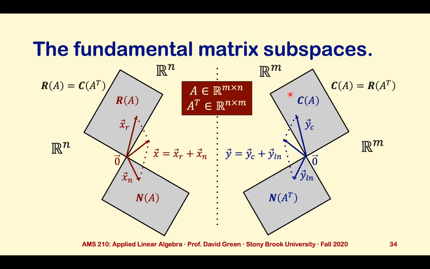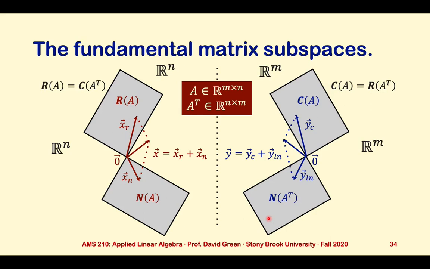We also have a column space and a left null space that together are both subspaces of Rm, where m is the number of rows. Their direct sum gives us Rm. Every vector in m-dimensional space can be described as a unique sum of a vector from the column space and a vector from the left null space.